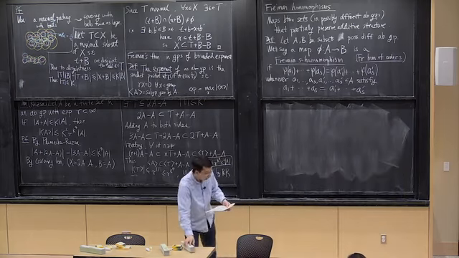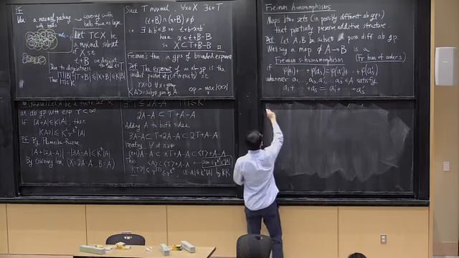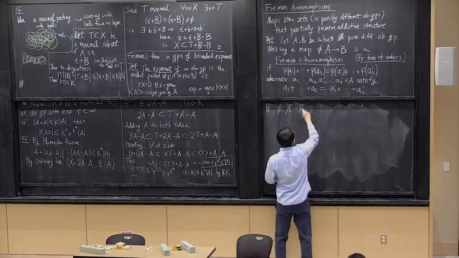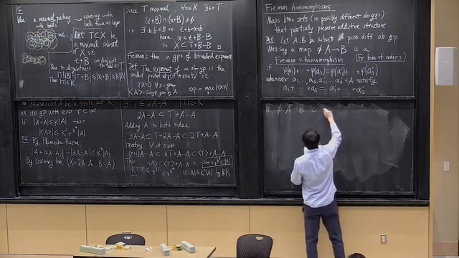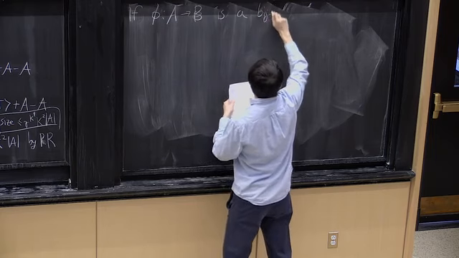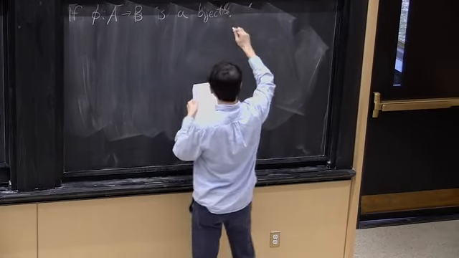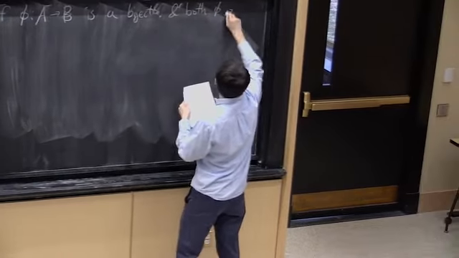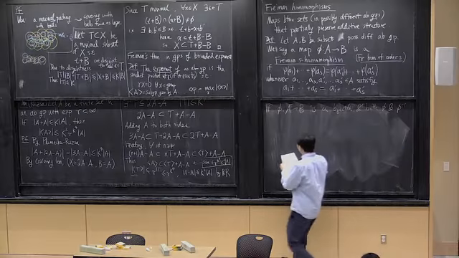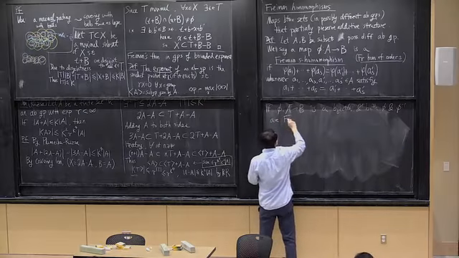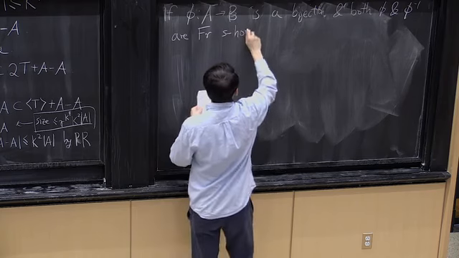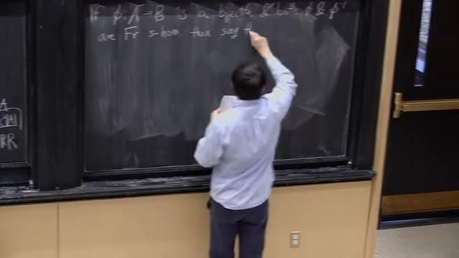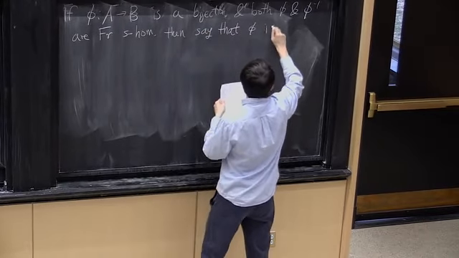Okay, so one more thing. If phi from A to B is furthermore a bijection, and both phi and phi inverse are Freiman S homomorphisms, then we say that phi is a Freiman S isomorphism.